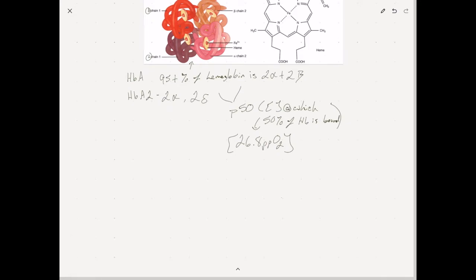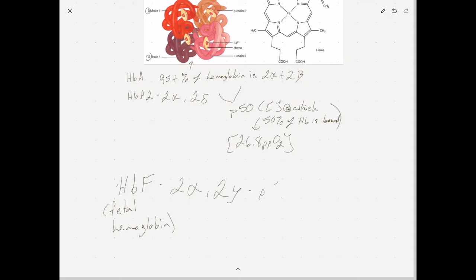Another type of hemoglobin is HbF, which is fetal hemoglobin. This is found in fetuses. It is made up of 2 alpha subunits and 2 gamma subunits.